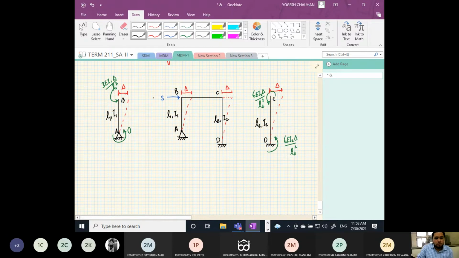So again we know that these moments will be proportional. So here MBA is equal to 3EI1 delta by L1 square. MAB is 0.